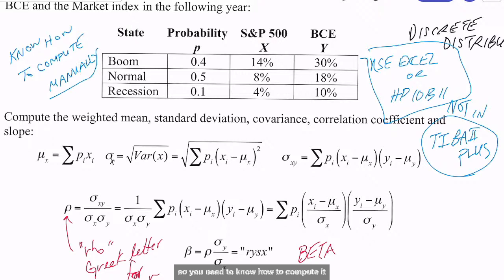You need to know how to compute it manually. You need to know how to use Excel or, anyway, if you have the HP 10B2, but it's not going to be directly from the BA2 Plus like the other one above is.